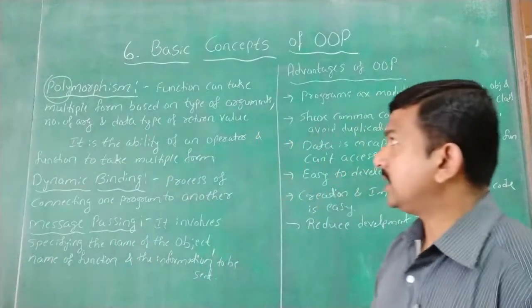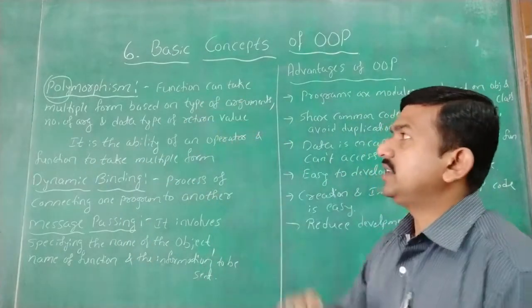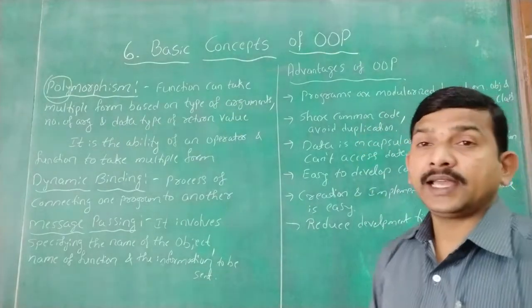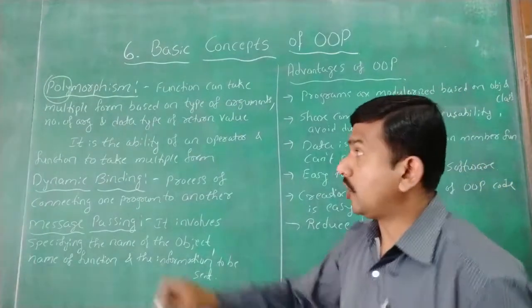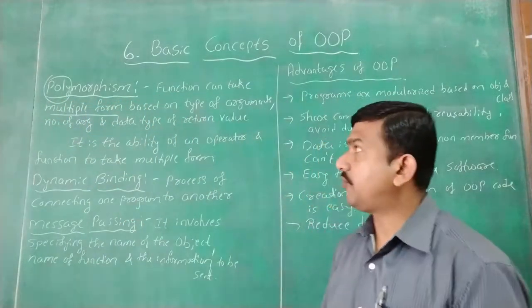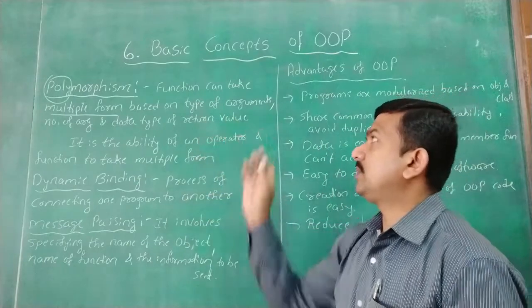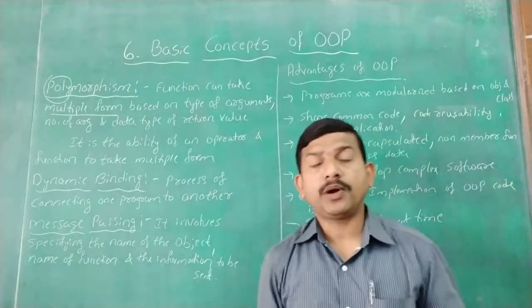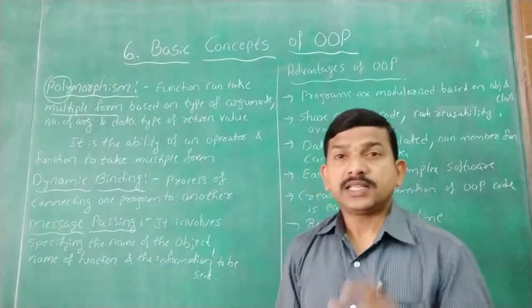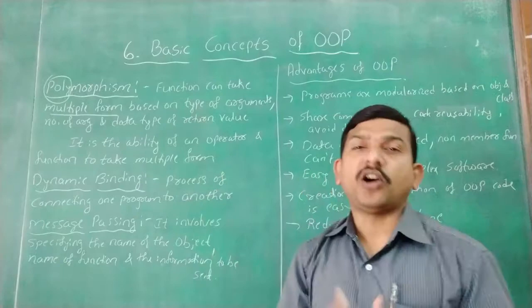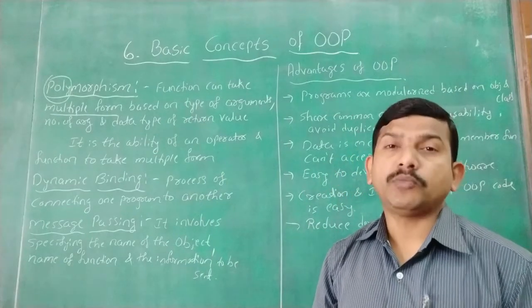So polymorphism means a function can take multiple forms, based on the type of arguments, the number of arguments, or the data type of the arguments. The name of the function is the same, but it takes different forms. We call it polymorphism.